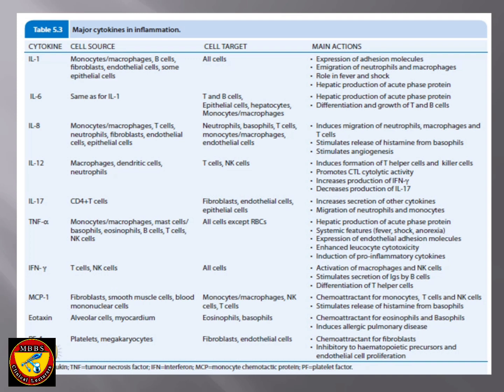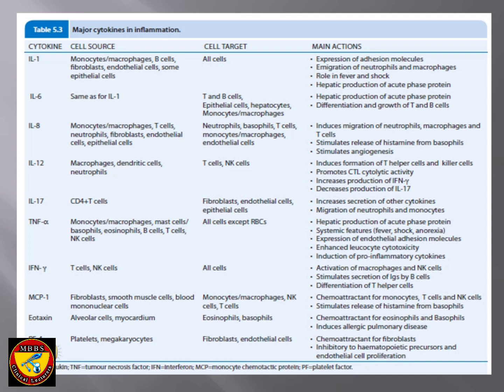While interleukin 17 is secreted from CD4 T cells, and it increases secretion of other cytokines and migration of neutrophils. So in this chart, the most important cytokines which you should remember are interleukin 1, TNF alpha and interferon gamma.